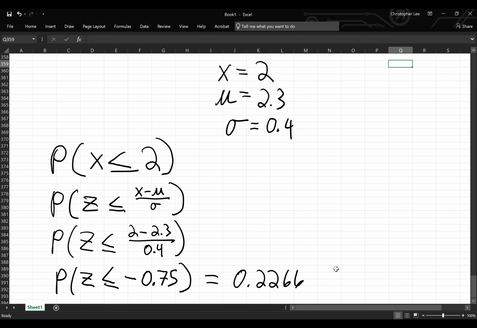No, let me see what you did. 0.75, and then we go up 5. Are you on the negative side or on the positive? No, go on the negative table. Oh, that's the negative. Now do it. No, but you're on the right track.